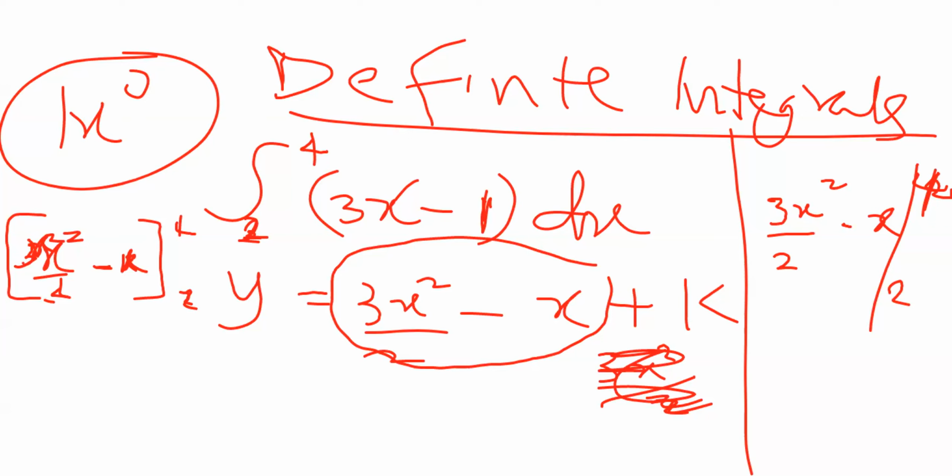That 4 on top is the upper limit. The 2 down is the lower limit. What the upper and lower limits are about is what they call substitution. Wherever you see x, you put 4, you get a value. Wherever you see x, you put 2, you get a value. The value you got from 4 and the value you got from 2, you do a subtraction.